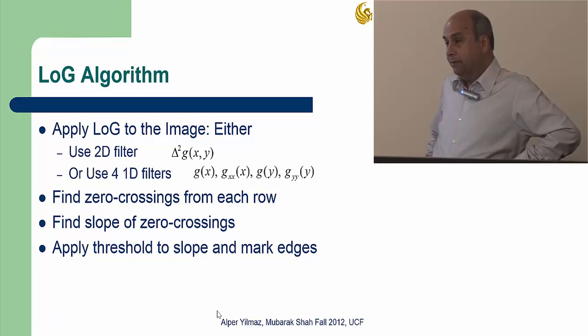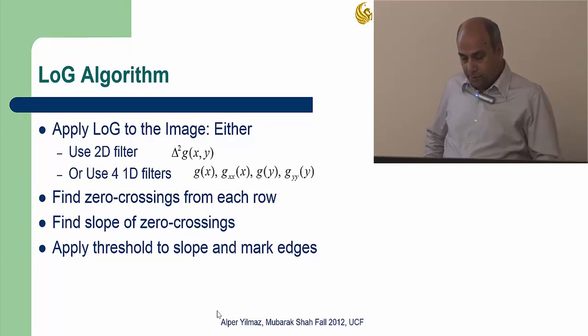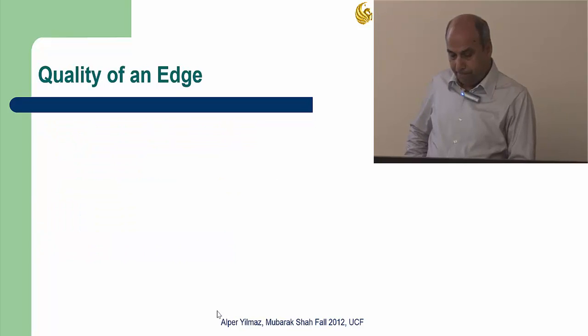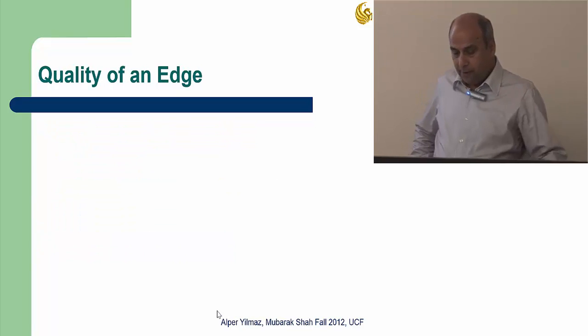And then the other major difference was that instead of finding the gradient and magnitude of gradient, here you find the Laplacian of the image and find the zero crossing instead of the maximum in the gradient magnitude. So that is the difference.